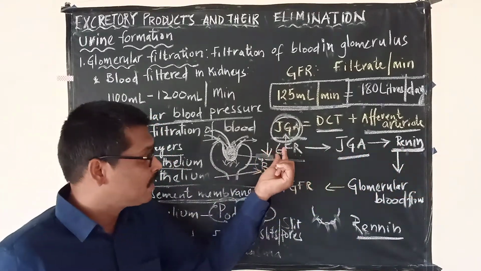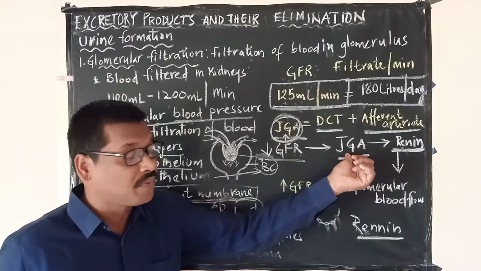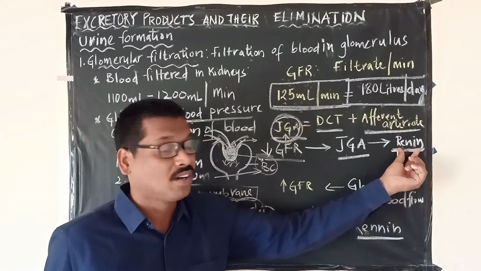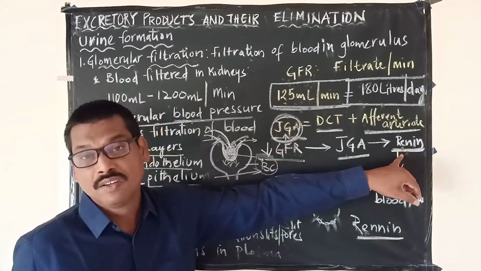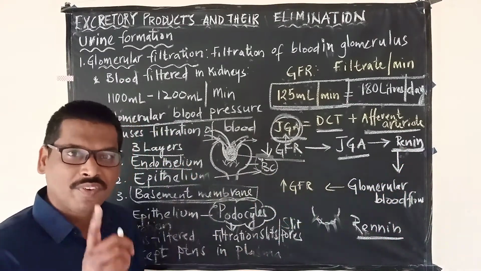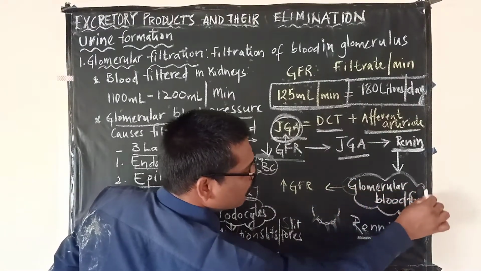Now here, when there is decrease in the glomerular filtrate rate, it is identified by the juxtaglomerular apparatus and stimulates the production of what? Renin. Okay, helps in releasing the renin. And this renin is now responsible for acting upon what? The glomerular blood flow.